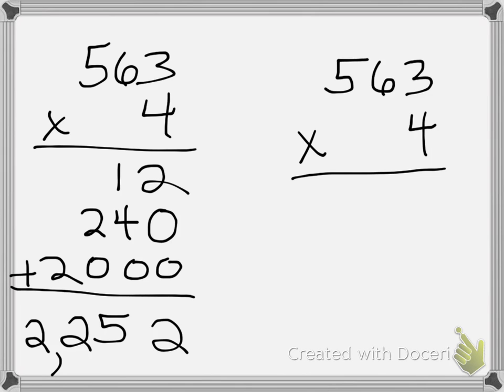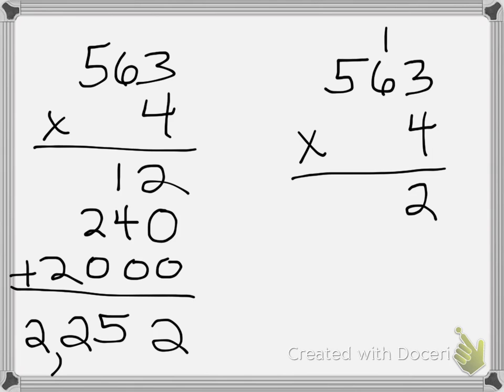So this time, since we know we can't actually write 12 in the ones place, we're just going to put a 2 because we would be exchanging those other 10 ones for another 10. So that's what we're going to mark up here above the 6. Now, again, 4 times 6 is 24, and then we're going to add that other 10 on, which is 25.